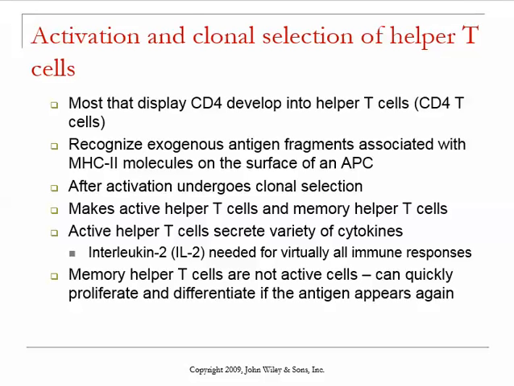Now the memory T cells aren't active in this round, in this infection. They are saved for later. They're long-lived cells, and they quickly proliferate and do it again if the antigen appears again. And chances are good that if the antigen is in your environment once, it will be in your environment again.